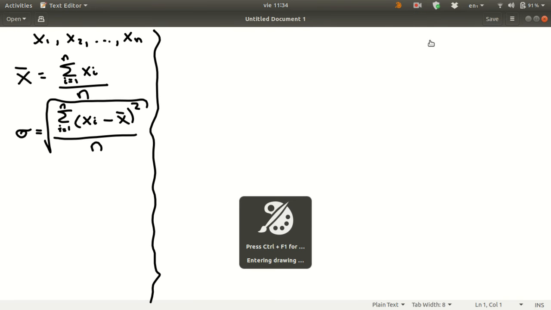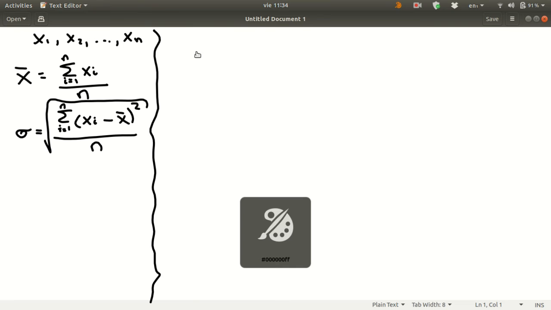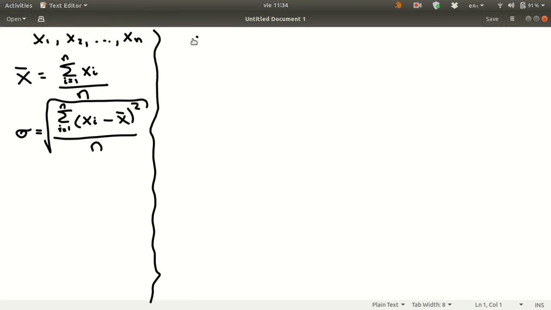Alright, now let's take a look at what happens when I multiply all of the data members by a constant. So I'm going to multiply the constant d to each data point. So d x1, d x2, and so on until d x sub n. Alright, so let's calculate the mean.